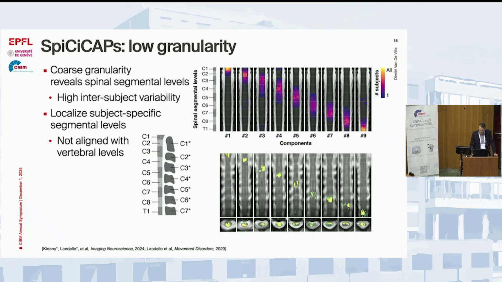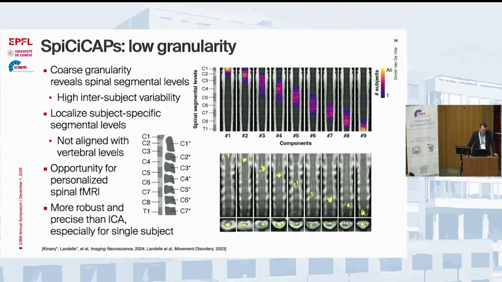So you can use this technique, as you see in the bottom image here, for an individual where you actually segment the levels for a single person. This is an opportunity for clinical use, because you can get a personalized spinal fMRI segmentation, which you can then use for pain therapy or spinal cord injury, as we will see in a second. And it turns out that this is much more reliable than if you would try this with ICA.